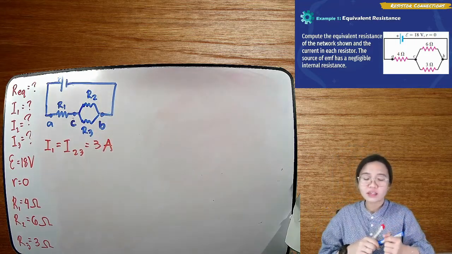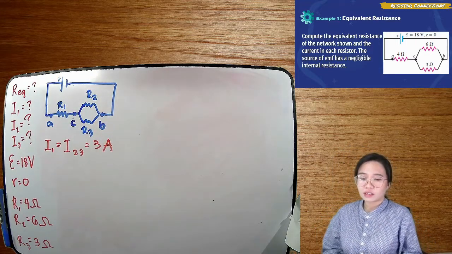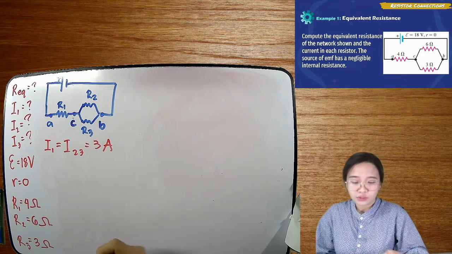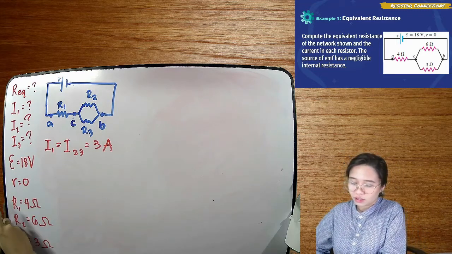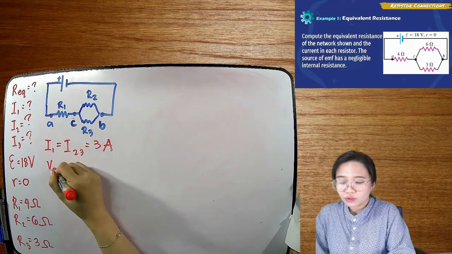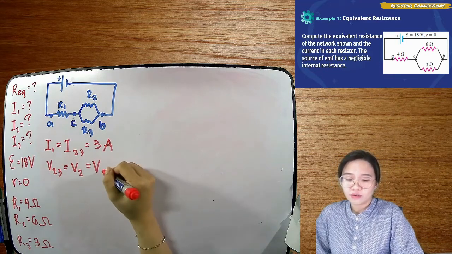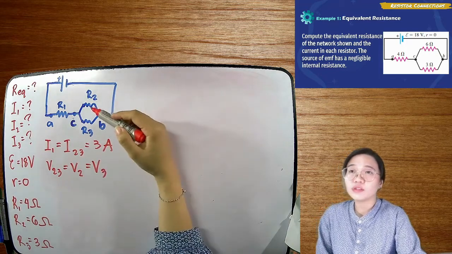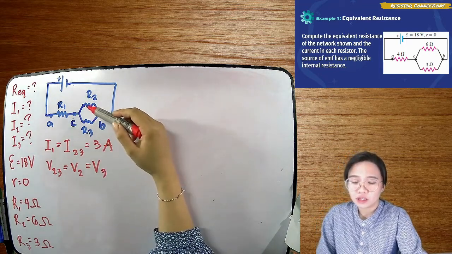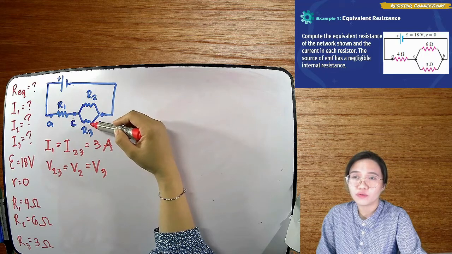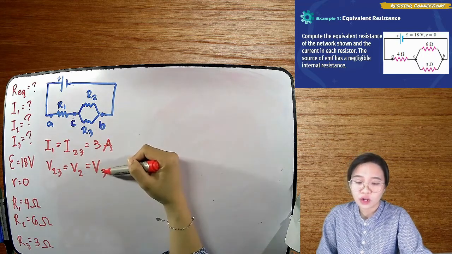In a parallel connection, your voltage is just equal. So your V23 is just equal to your V2 and your V3. Again, in a parallel connection, the equivalent voltage of these two is just equal to the individual voltages of your R2 and R3, which is your V2 and your V3.